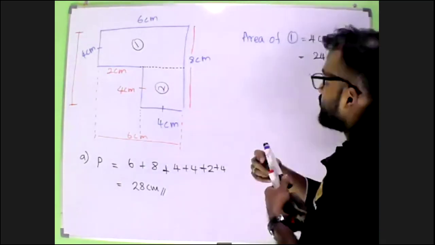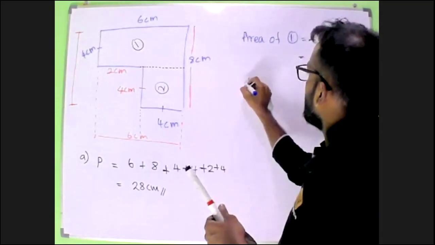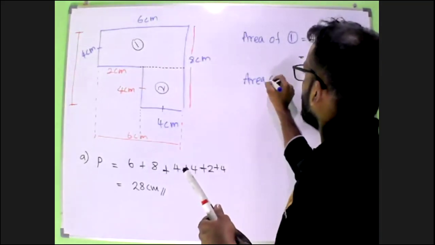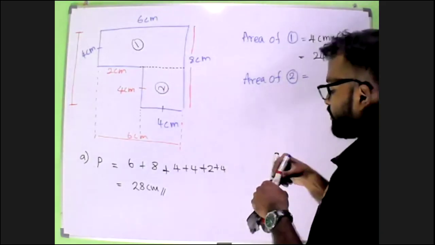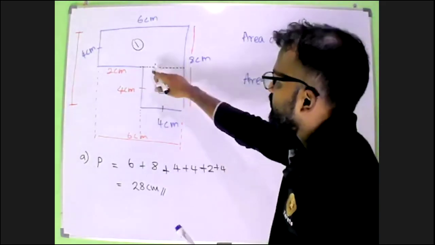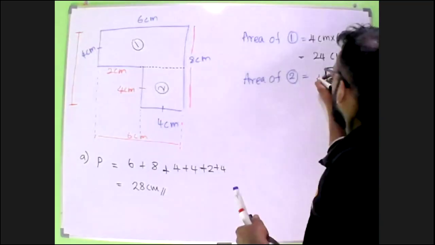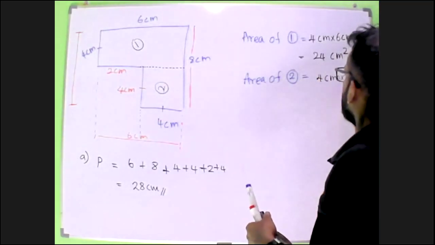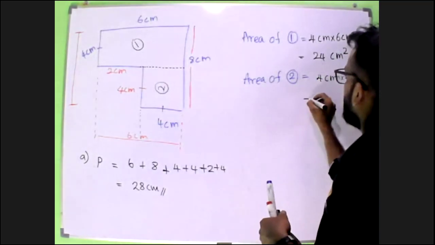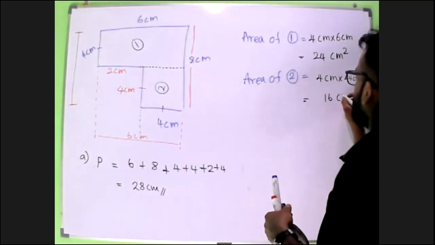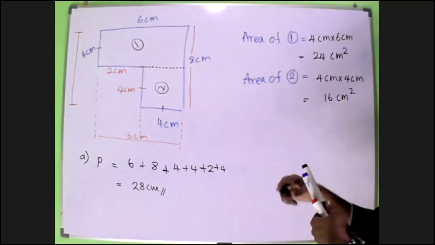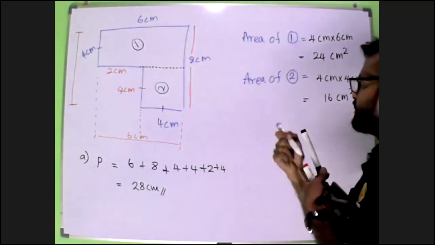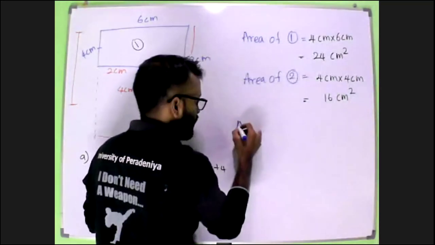And the area of my second figure will be, this is a square, right? 4 centimeters times 4 centimeters, 16 square centimeters, right? So altogether, I can find the area of the figure, right? So how can I write area of the figure?